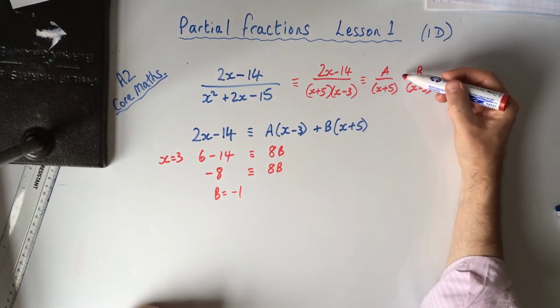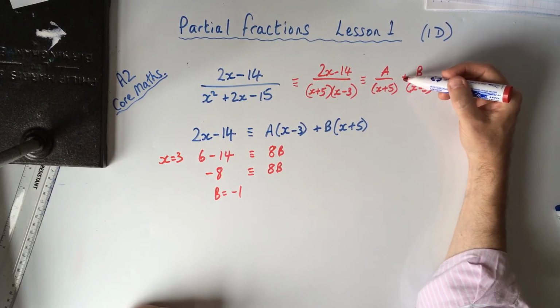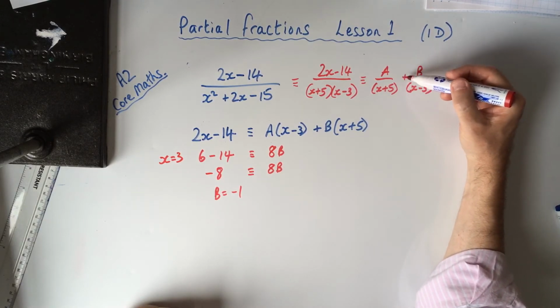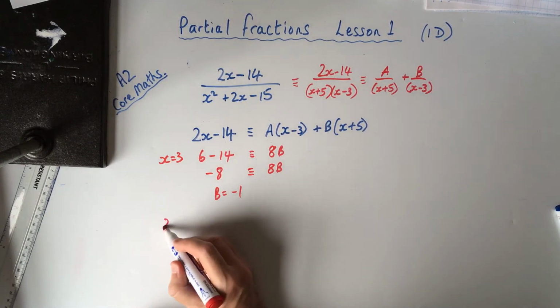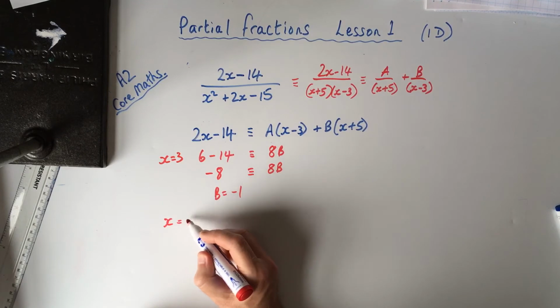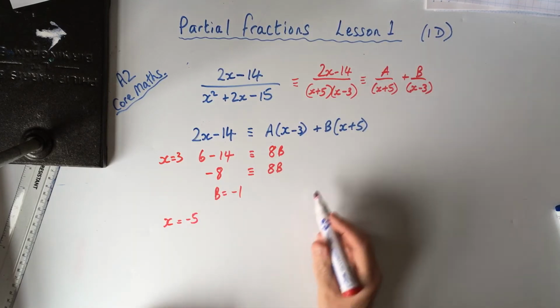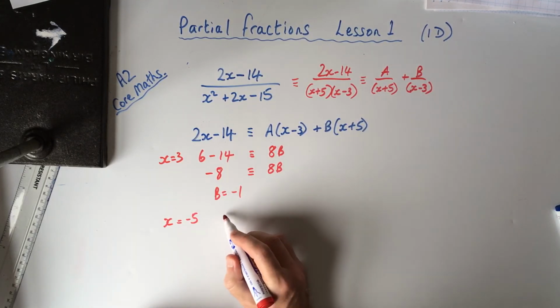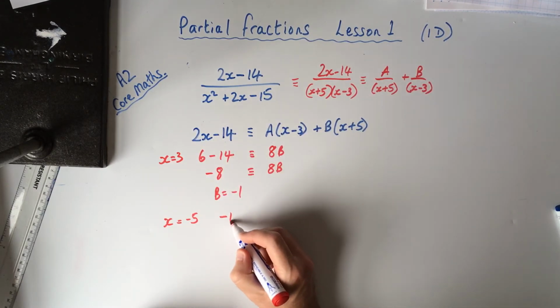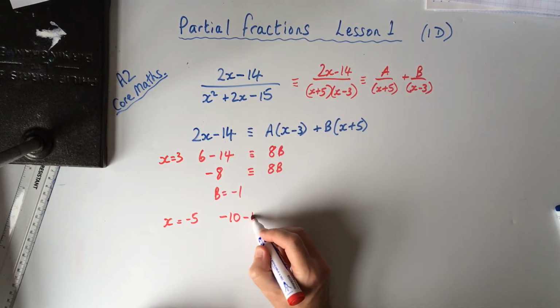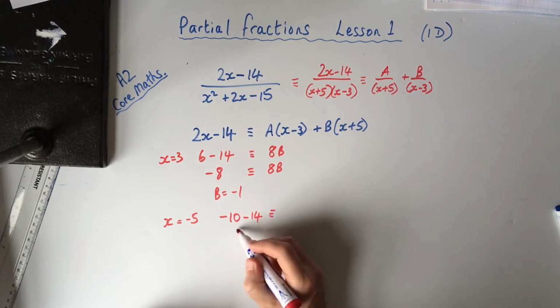So when I come to do it, I'm not going to put plus minus 1 on top, I'm just going to go minus 1 lot of x over 3. Okay, and if I did x is equal to minus 5 for this one, I've got 2 times minus 5 is minus 10 minus 14, so that's equivalent to minus 24.